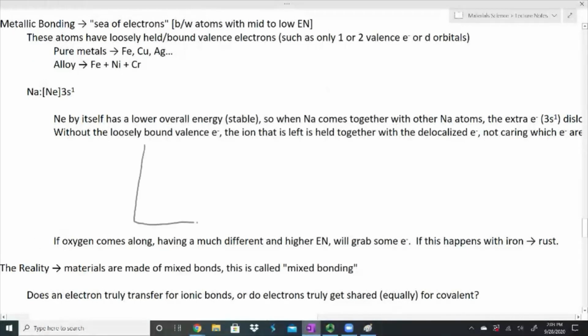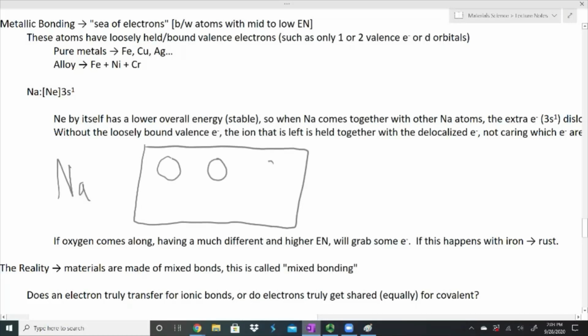All right, so here is my material. And what I have is, let's say that this is sodium. I'm going to draw in these circles, and these circles are not sodium atoms. What these circles are is they're sodium atoms without that extra electron.